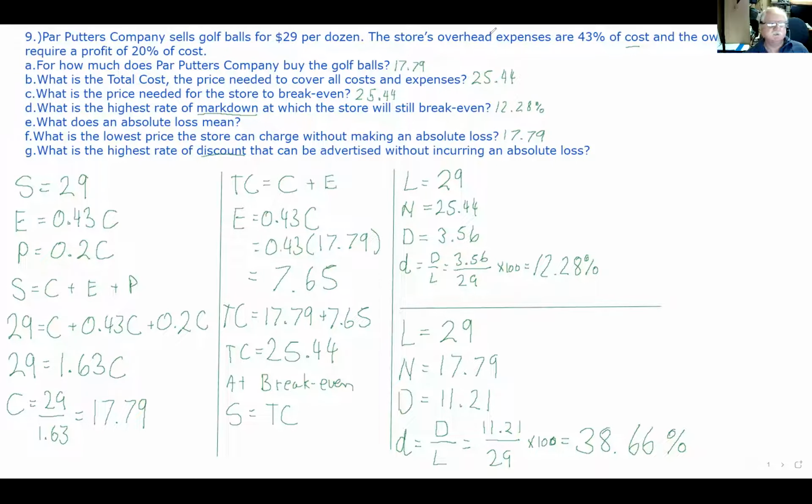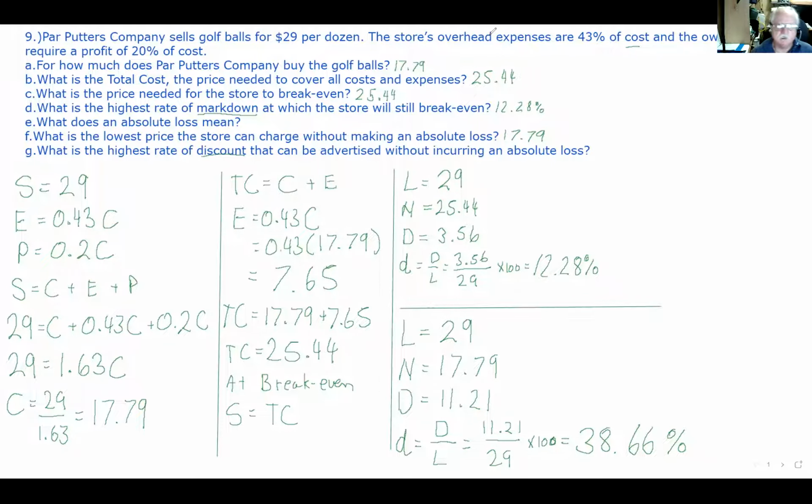Sir, yes, I have a question. Sure. Why is the answer to F 17.79? That's the lowest price the store can charge without making an absolute loss. If they charge anything below cost, then that's what they refer to as making an absolute loss.